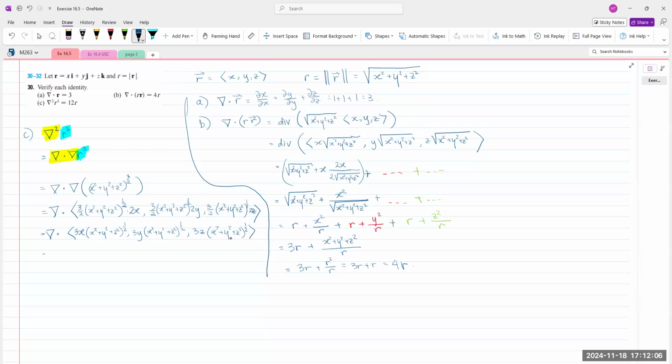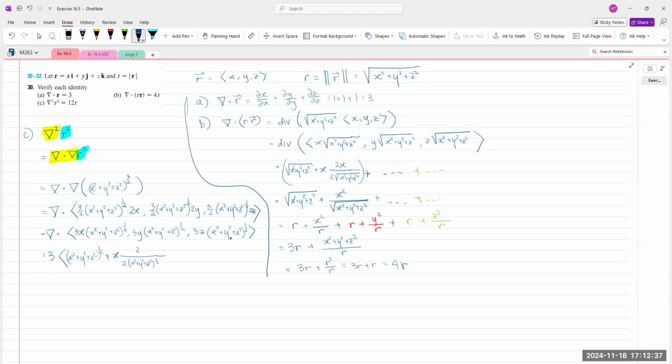Now, the divergence of that will be, I factor the 3 out, but then for the x component, I need to do the product rule, which is x squared plus y squared plus z squared to the power of 1/2 plus x times the derivative of that, which will be 2 times x squared plus y squared plus z squared to the power of 1/2 on the denominator.